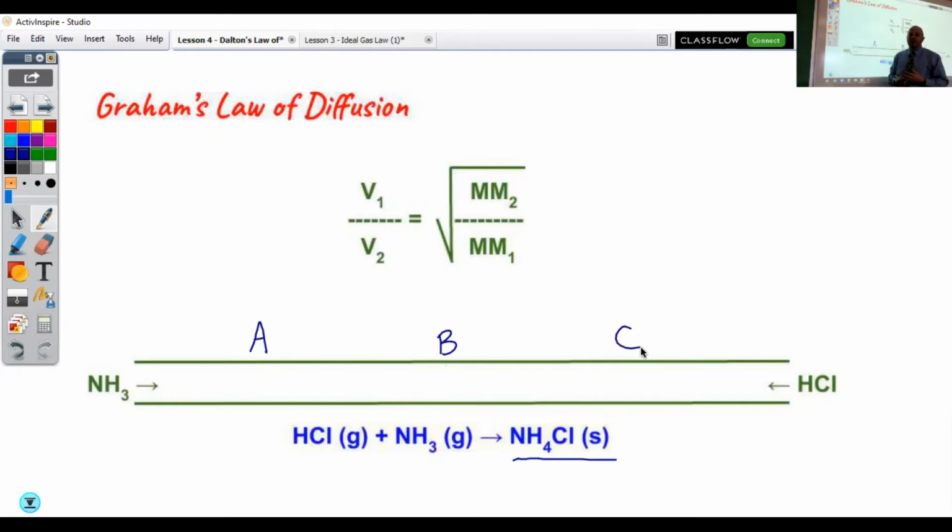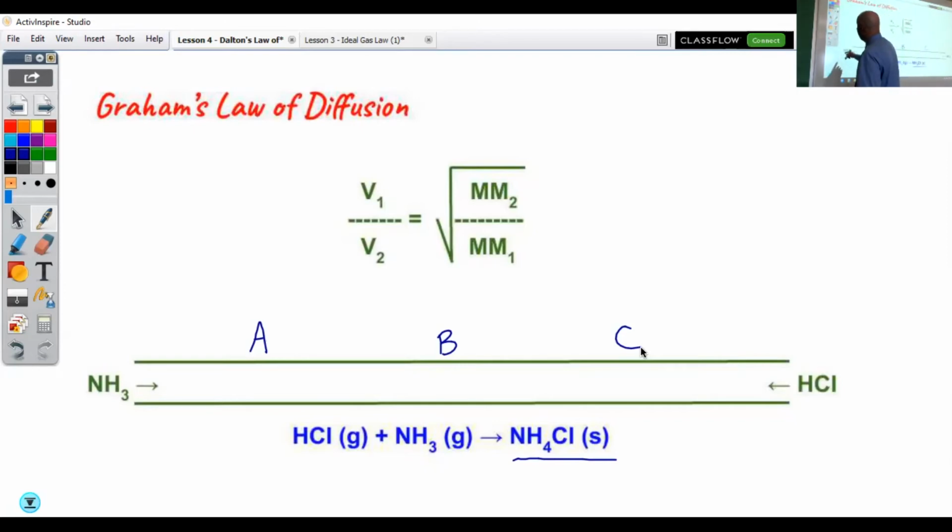Well, think about this. The heavier a gas is, the slower that gas effuses. So if you think about the molar masses, the molecule that has the smaller molar mass is going to move around faster than the molecule that has the larger molar mass. So in order to answer this question, we must first calculate the molar mass of each of our two reactants.